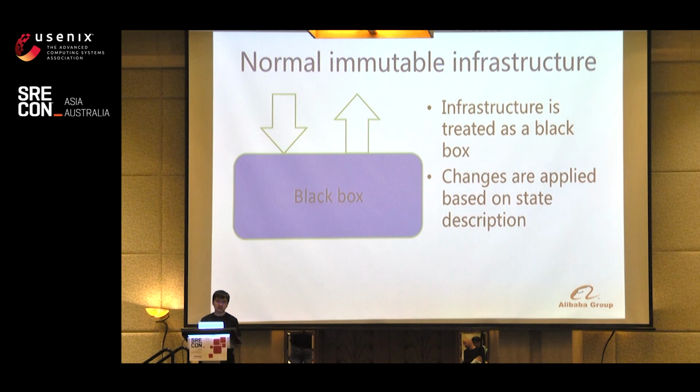Because in a distributed system, the ground truth might be quite different from what you expected. So here, we need to put the state description for everything and put it in the black box. Then we get the result.